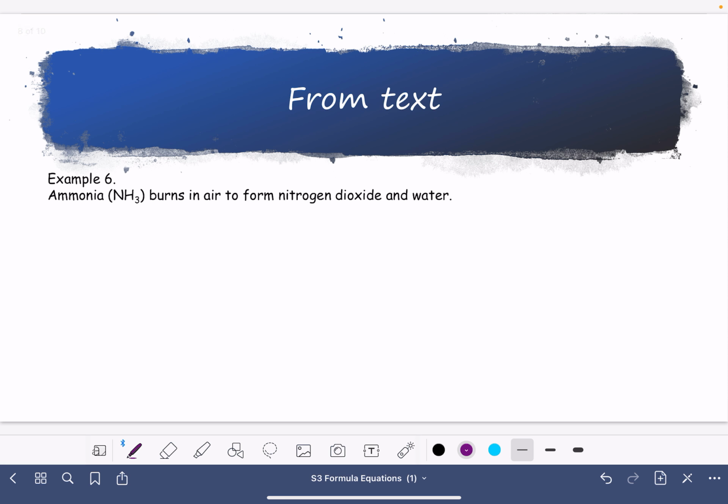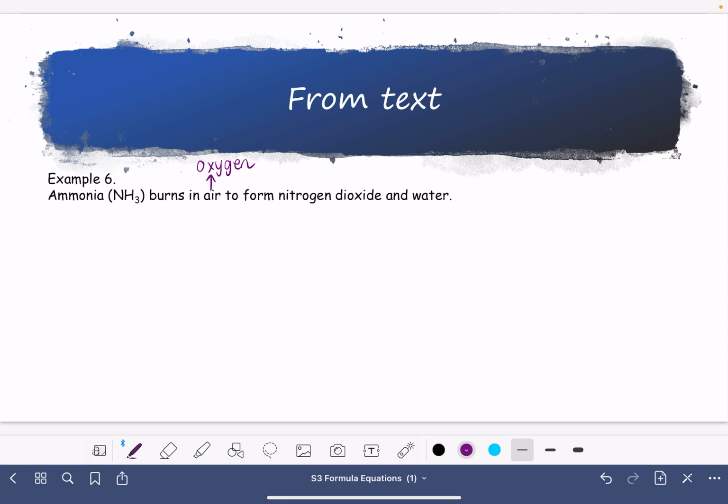Okay, here's another one with an interesting part in it, because this one is telling us that ammonia, and we're given the formula in brackets because we would not be expected at this stage to memorize the formula for ammonia, burns in air to form nitrogen dioxide and water. Before I highlight the reactants and products, we need to be clear that the thing it's burning in within the air is the oxygen.